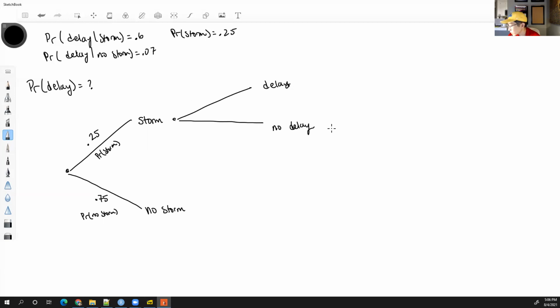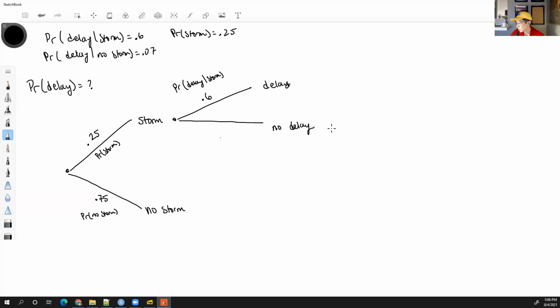So if there is a storm, what's the probability I have a delay? What number do I put here? If there is a storm, the probability we experience a delay is going to be 0.6. Yep. And so this value is the probability of delay given storm.